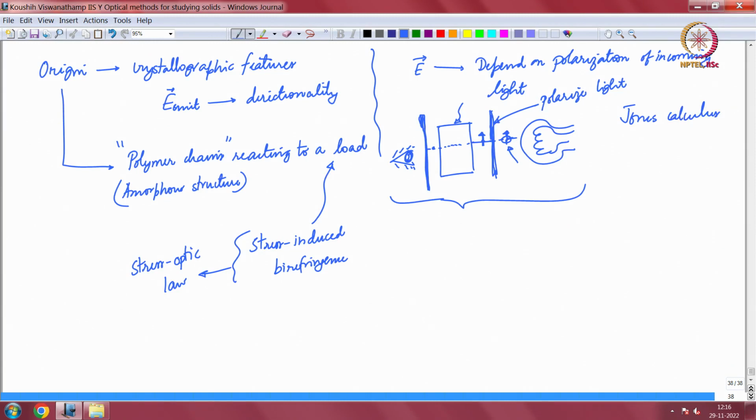This name probably came up in the early 1900s before people started applying complex numbers to many of these things, but there is a very systematic way to manipulate these polarizations and then obtain the final result of what you would expect to see when light passes through the second polarizer sheet. So, all our discussion of photoelasticity will revolve around how you break down this process and how you systematically analyze incoming light, interaction with the material, and then interaction with the polarizer at the end. So, we will continue with this from the next session.